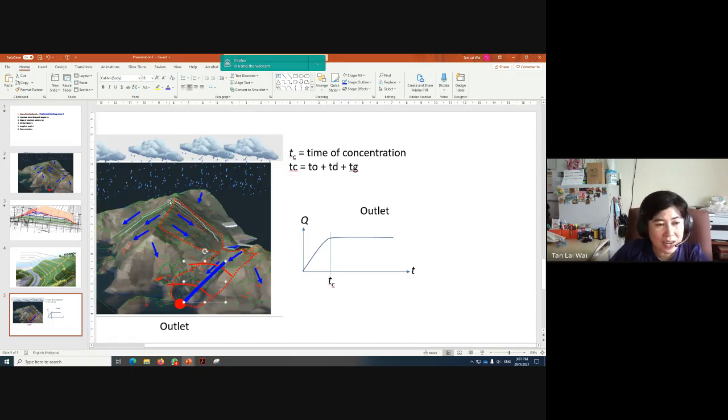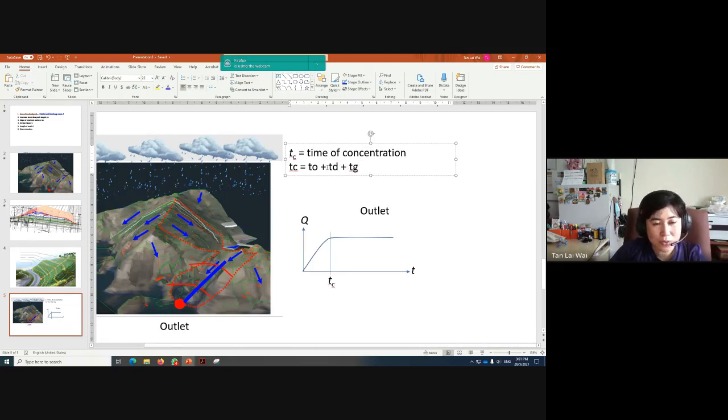And then T naught is the time taken for the runoff to flow over the overland. Just in case the overland flow all comes into the river and flows out, then you have T naught plus TD, because TG is definitely 0 already.